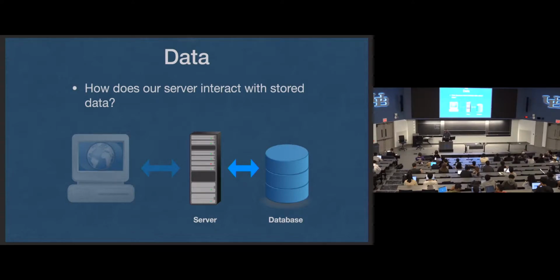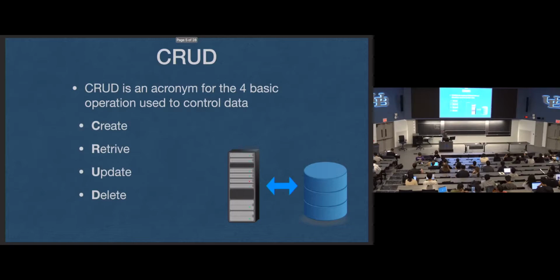So how are we going to do data? What do we do? How do we do this? So let's start with the server talking to the database and how we're going to access that data. Now, this is one of those things where there's like a billion different answers for it. I'm going to show you a very common model out there. This is used in industry quite a bit, called CRUD. So we're going to only allow 4 basic operations on our data.